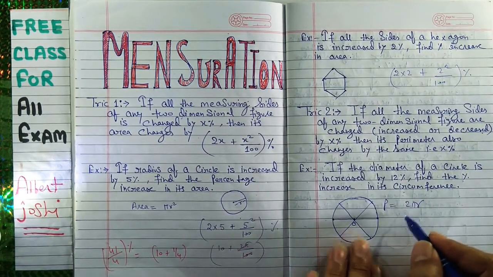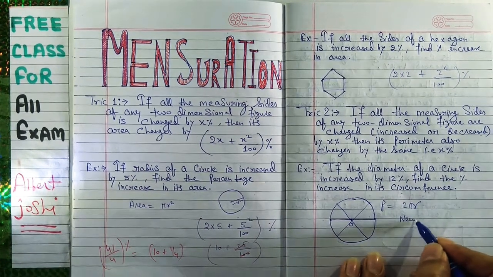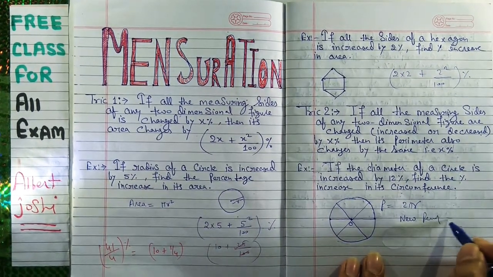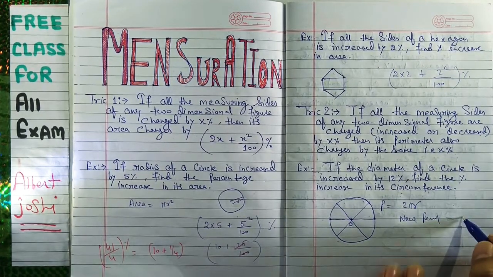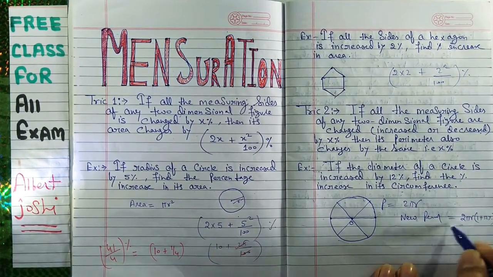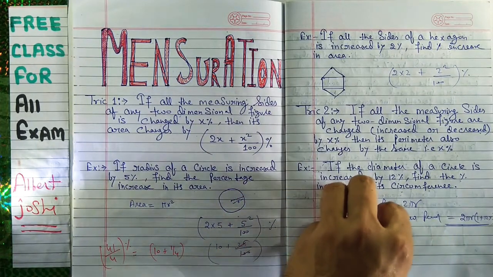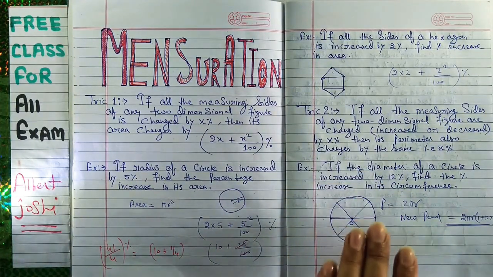After an increment of 12%, your new perimeter will also be increased by 12%, meaning 2 pi r times 1 plus 12%. So this is your new circumference.